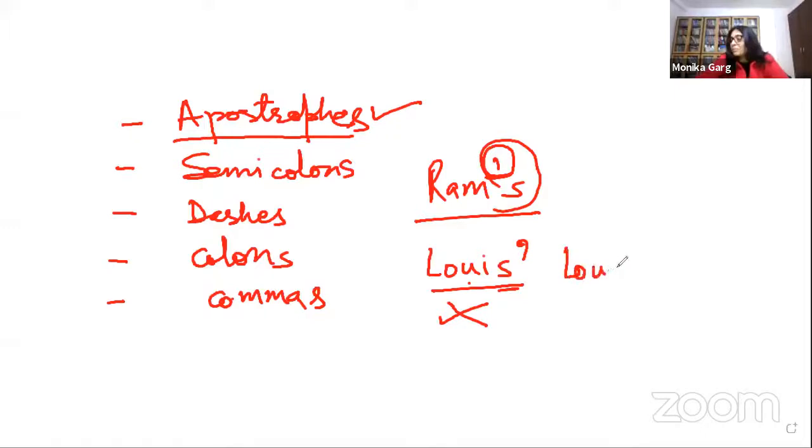So the correct punctuation here would be Louis, and then you put apostrophe, and then you put another S at the end. And the reason for that is that since Louis is singular, you're talking only about one person at a time, the apostrophe would definitely need another S at the end. Even if it has one S already, that's part of the name and that's not to be counted here. Okay, so that's one common question you get on apostrophes.